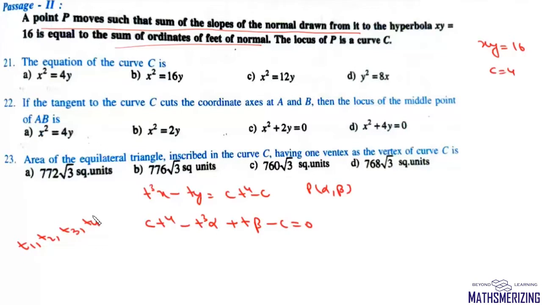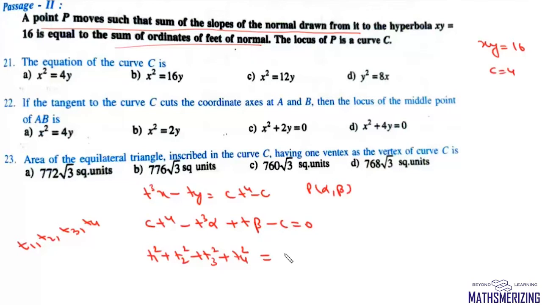Now it says sum of slopes of normal drawn from it. Now we know that slope of normal is t square. So we are given that t1 square plus t2 square plus t3 square plus t4 square is equal to sum of ordinates of foot of normal. Now ordinate is given by c upon t.